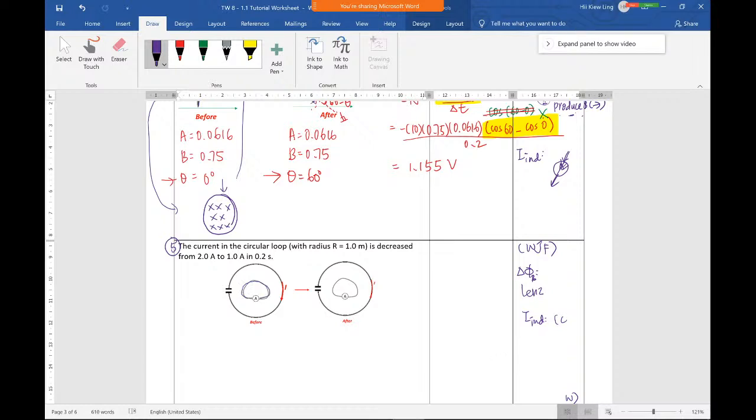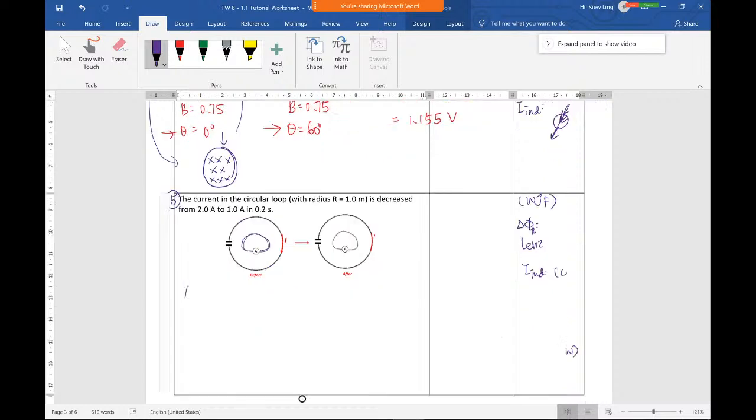In the outer loop there is a current flowing, and the current has changed from 2 ampere to 1 ampere in 0.2 seconds. Firstly, write down all the information. The area we have is 0.0616.